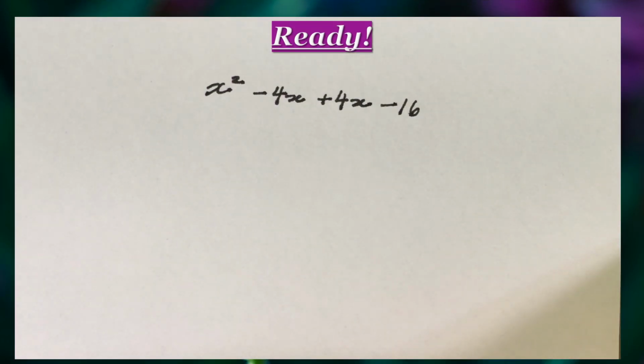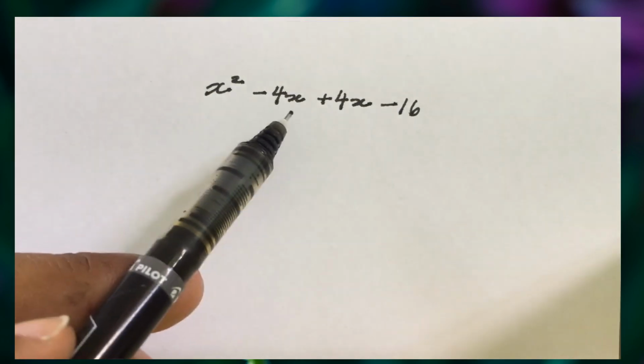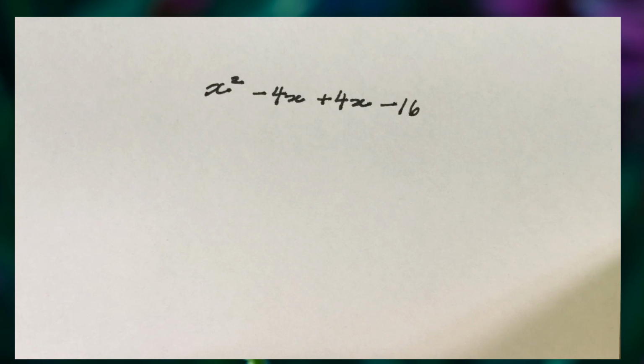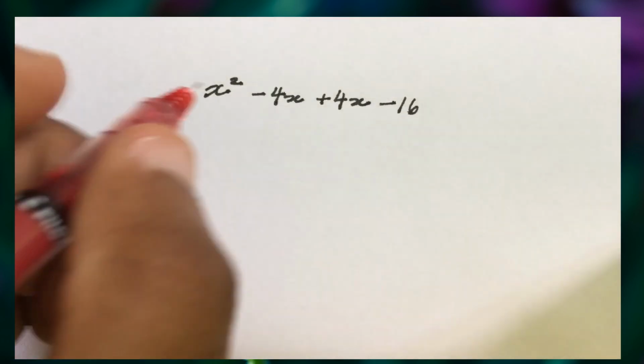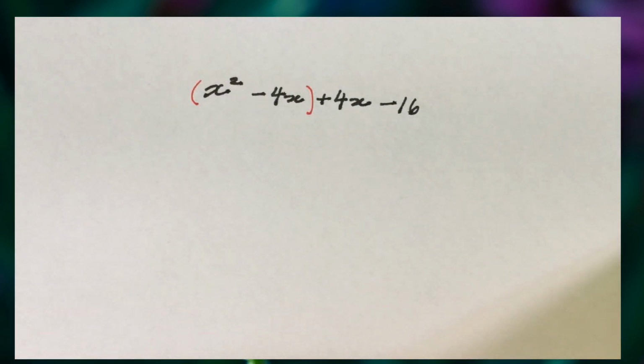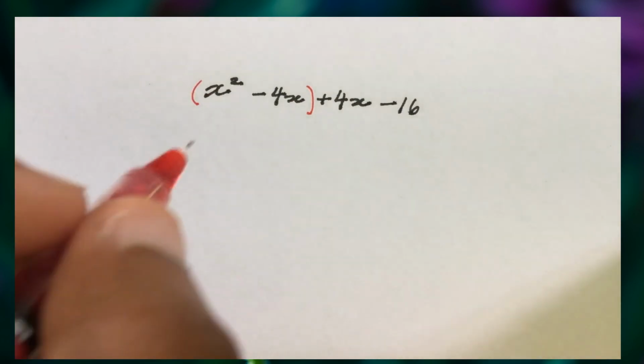So here we have x squared minus 4x plus 4x minus 16. And we're going to try to factorize these. So I'm going to group the first two, x squared and that minus 4x, and identify the highest common factor. I know that x can go into x squared and x can also go into minus 4x.